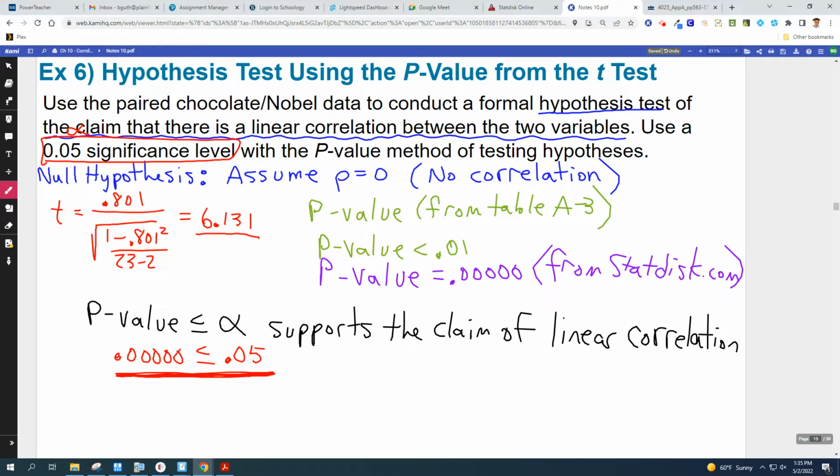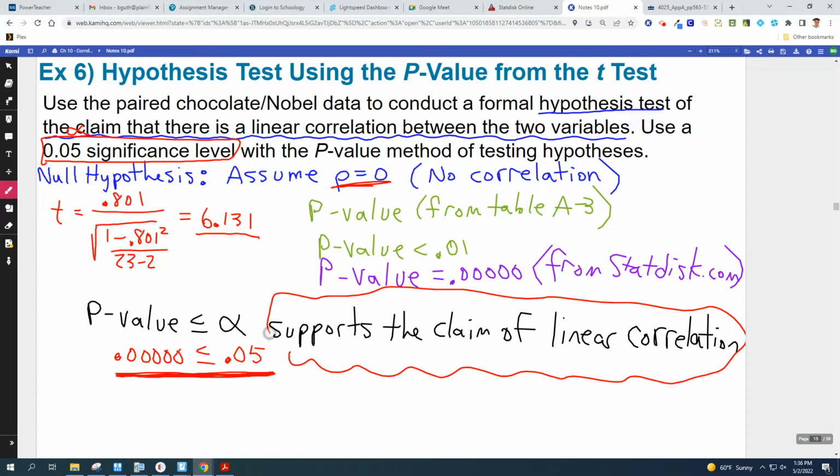Remember our null hypothesis assumed that there was no correlation. We just proved that that was false. We proved the alternative hypothesis. So we think there is linear correlation.